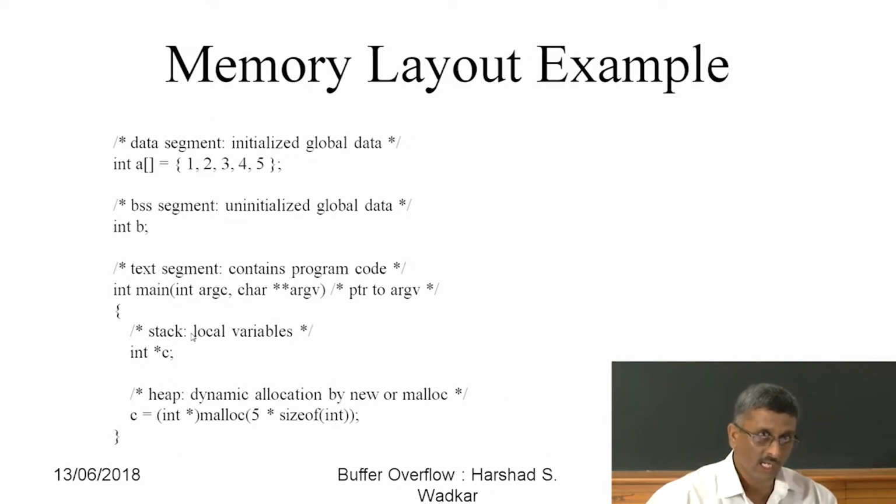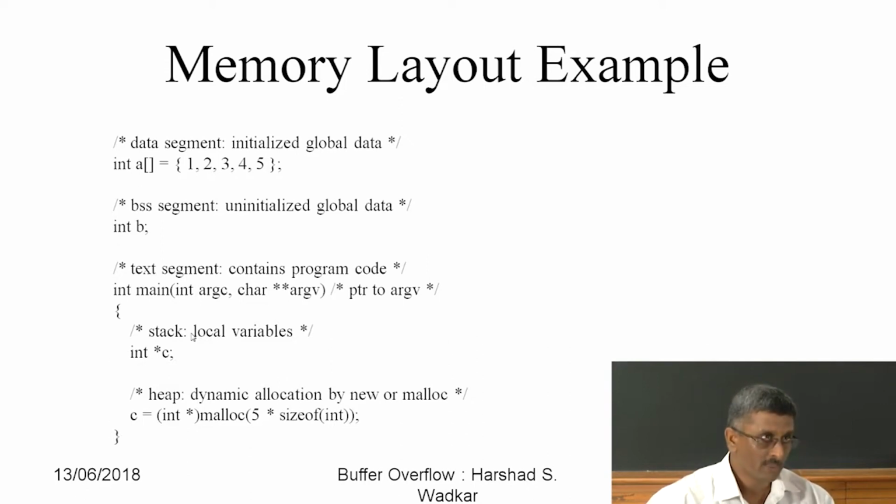The memory allocated to this pointer c by the compiler will be in the activation record of the function main, and this activation record is a part of the stack.